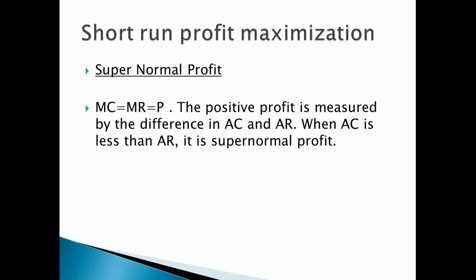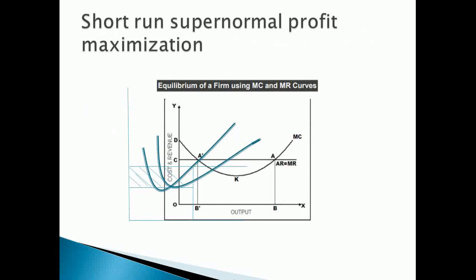We can see the equilibrium between the marginal cost, the average total cost, and the marginal revenue. This is what we call a normal profit. So in the long run, some competitors will remain in the market, some will leave, and then profit becomes steady in the long run.